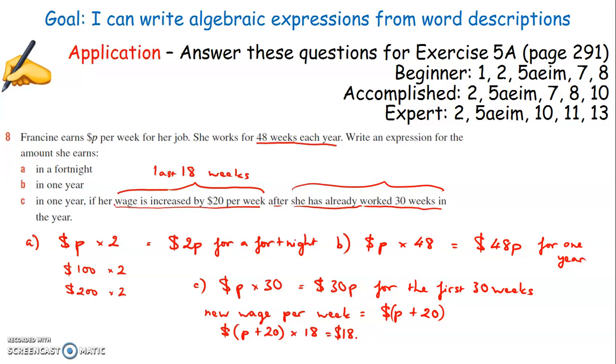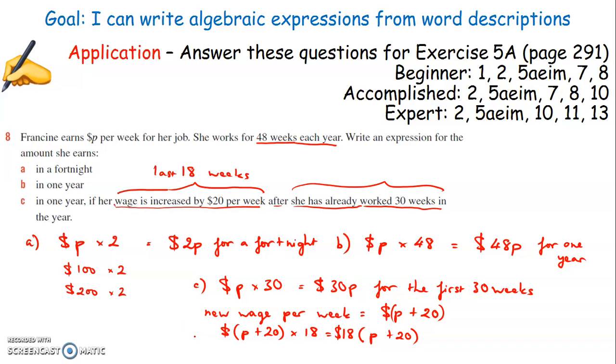When we multiply two numbers, it doesn't matter if we swap the order around. So it's fine if I bring the 18 forward: 18 brackets P plus 20. And it's also absolutely fine if you just leave it as brackets P plus 20 close bracket times 18. That would be correct as well.